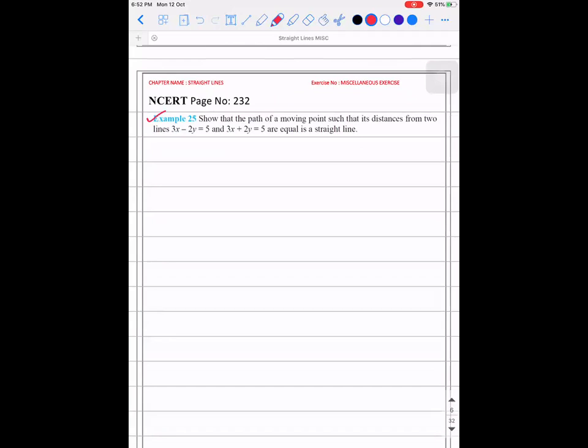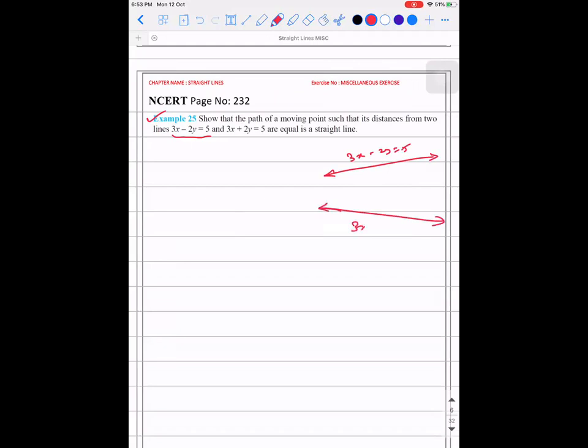So show that the path of a moving point such that its distances from two lines are equal is a straight line. So there is a moving point which is moving between two lines. 3x minus 2y is equal to 5.